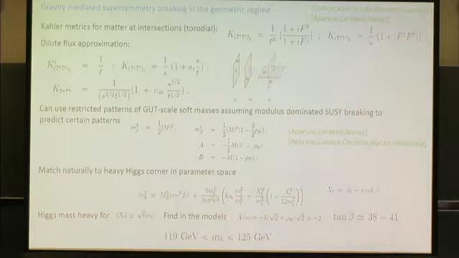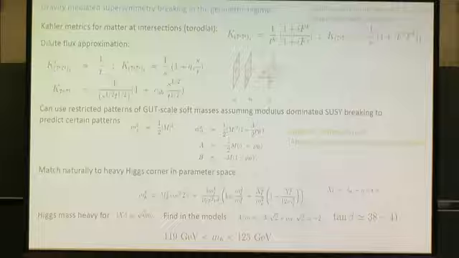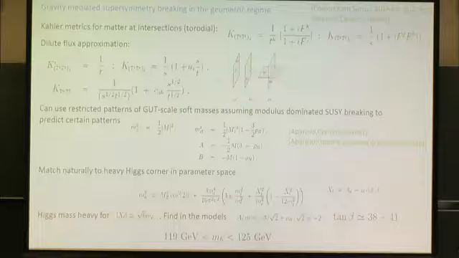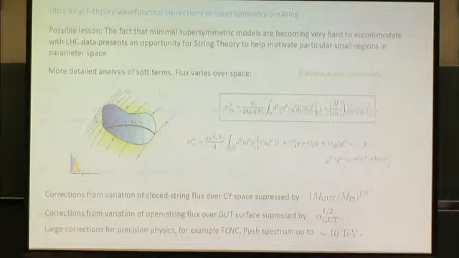And it turns out that in these models, with these Kähler metrics, and just for an F-term for the Kähler modulus, you naturally get this kind of thing. So for example, A over M is around 2. And you're at large tan beta, so this term kind of doesn't dominate. So you have A over M, and this being 2 is roughly the square root of 6, so it's roughly the region where you naturally get a heavy Higgs. So this is something that I think is quite nice, and it's been pointed out in these papers.